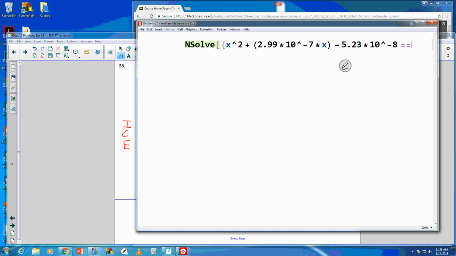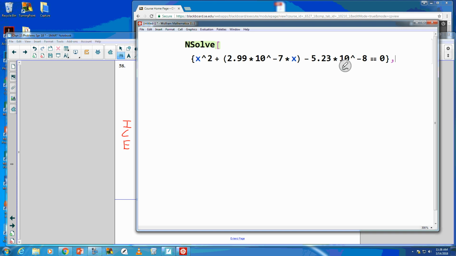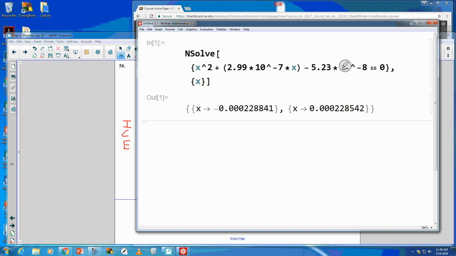And then you go equals equals, define the equation, and close it, open up a set of brackets to define the variable, which is x, close it, shift enter, and there are my two roots.